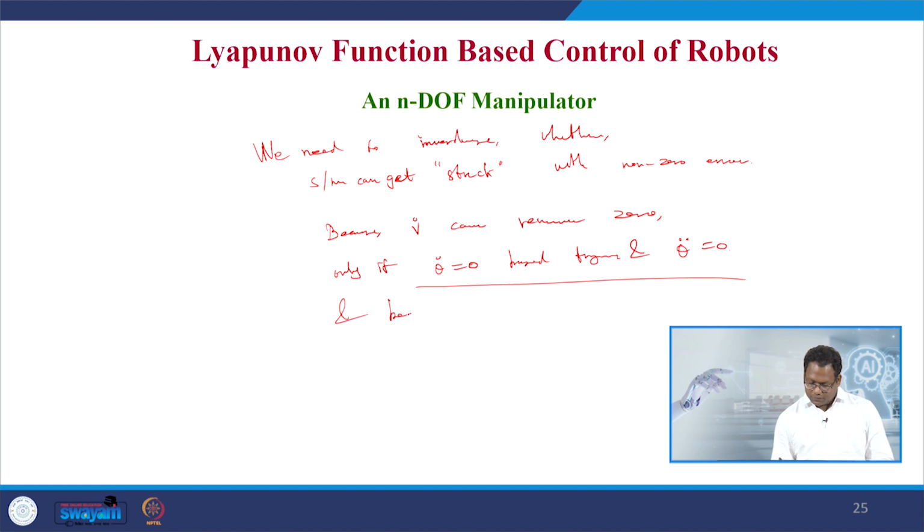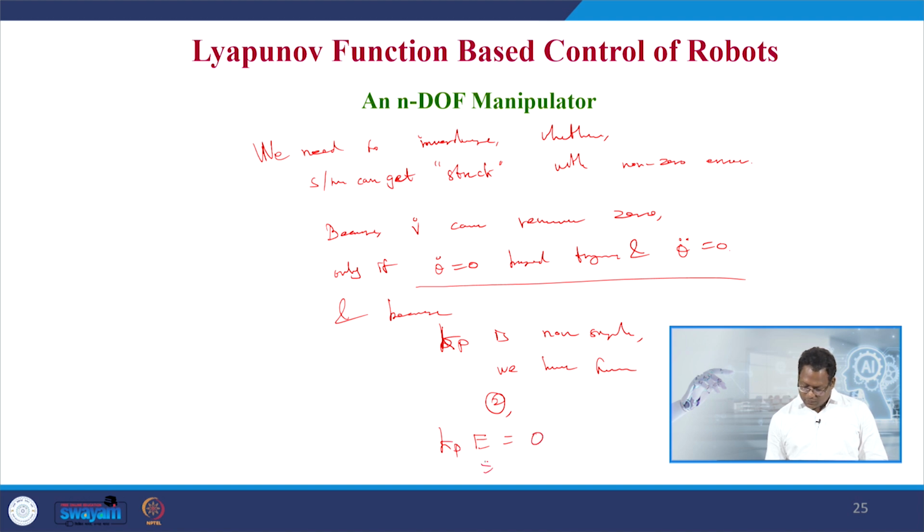Because Kp is non singular, we have from equation 2 that Kp into E equal to 0, which implies, because Kp is non singular, that the error E equal to 0.